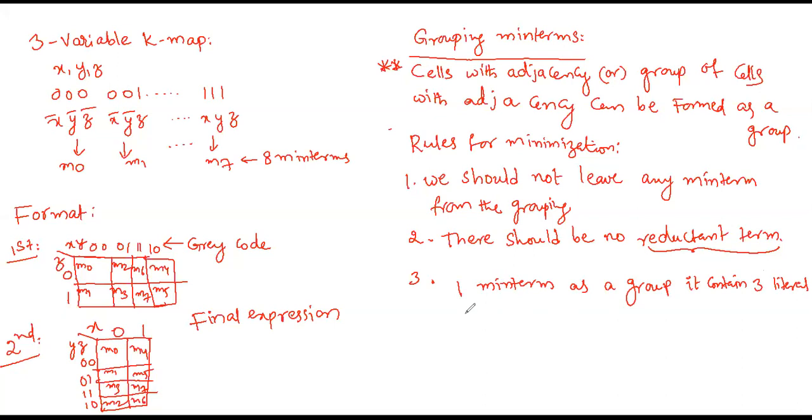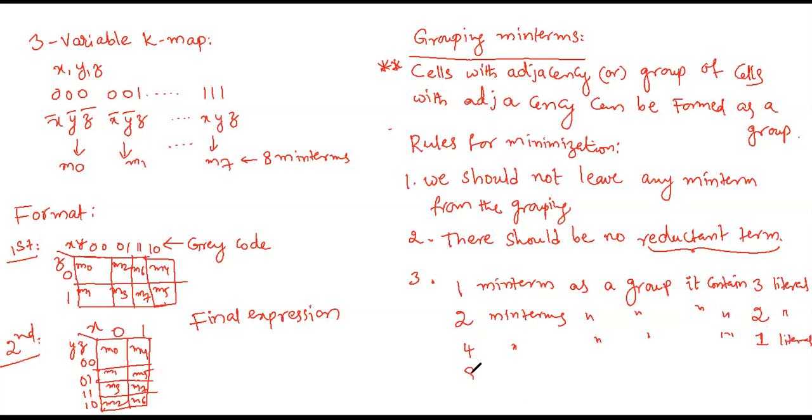If you form two minterms as a group, the group contains two literals. If you combine four minterms as a group, it contains one literal.